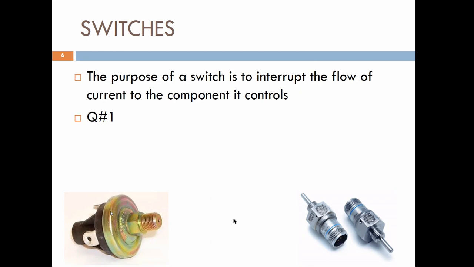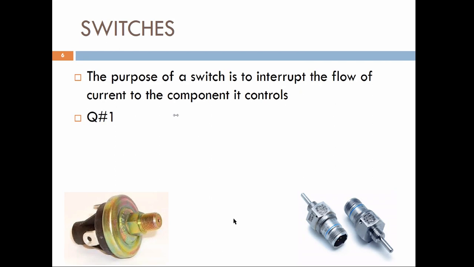Does anyone know what a Hobbs meter is? It measures your hours, doesn't it? Yeah, for your engine. So it only makes contact when the engine's running. It builds up oil pressure, and then it makes connection so that it keeps track of the engine's hours when the engine builds up enough pressure.